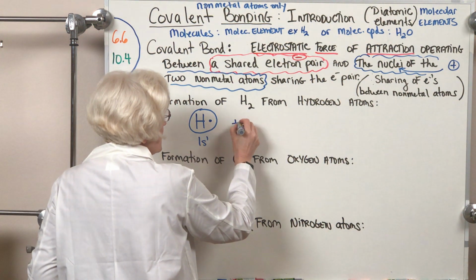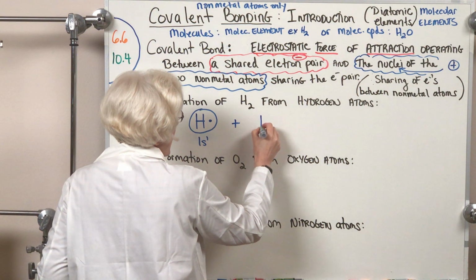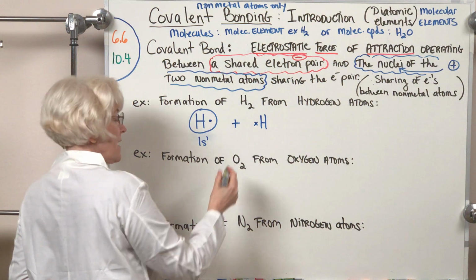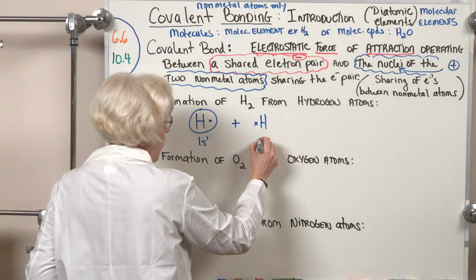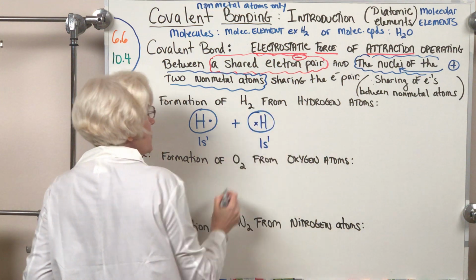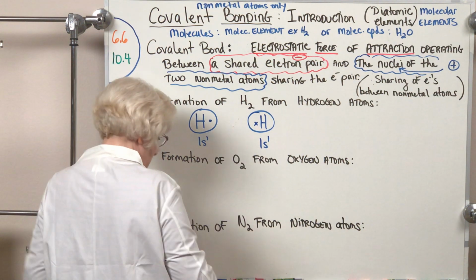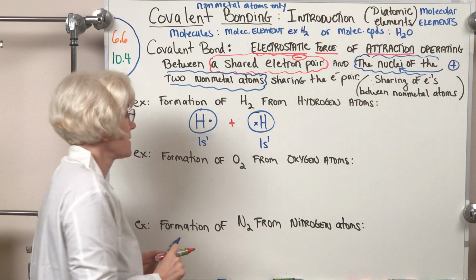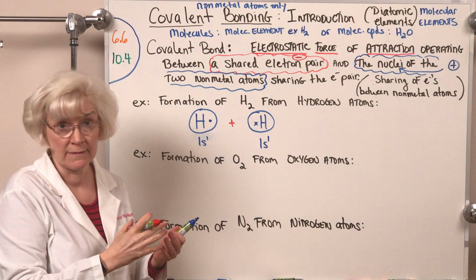Now here is a second hydrogen atom, and of course it also has one valence electron, one total electron in that 1s1 orbital. So what's going to happen when these two hydrogen atoms get together?